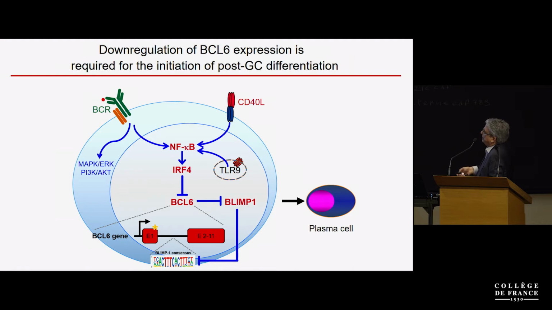So there's a circuit here that modulates BCL6 and in the meantime allows BLIMP1 to come up and become a plasma cell. But BLIMP1 does have a repressive effect on BCL6 on this sequence here that was hypermutated in our cases.